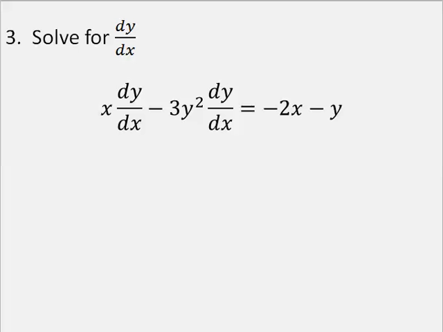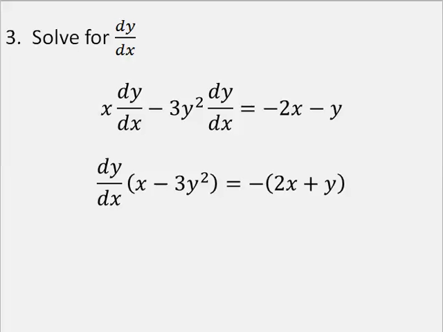To solve for dy/dx, I'm going to factor dy/dx out of these 2 terms over on the left-hand side. So the left-hand side has dy/dx in both terms. Factor that out. What will I get?